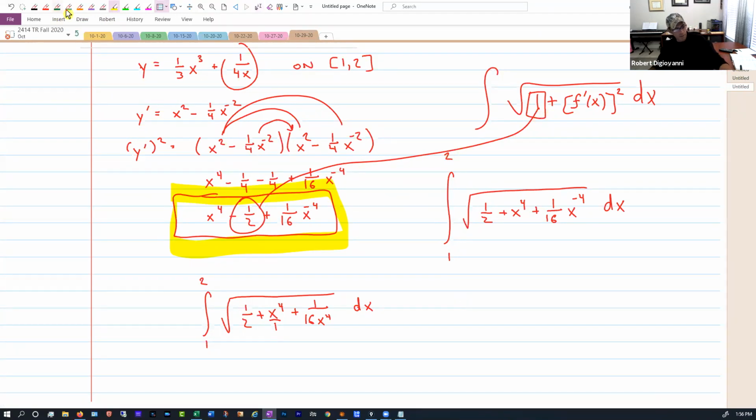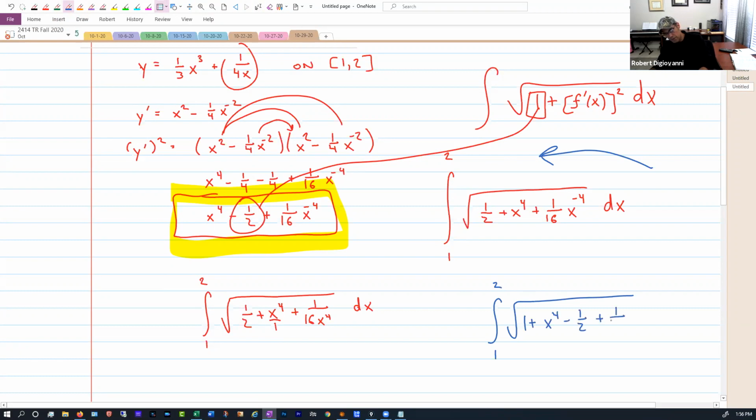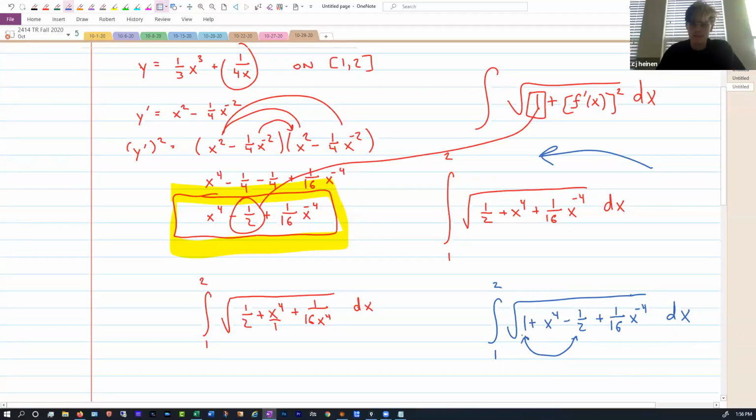The step that goes right in here is the integral from 1 to 2 of the square root of 1 plus x to the 4th minus 1/2 plus 1 over 16 x to the negative 4 dx, right? Now, what happens when you put 1, take away 1/2? Okay, so I just skipped this step.